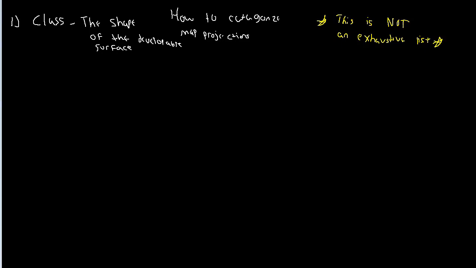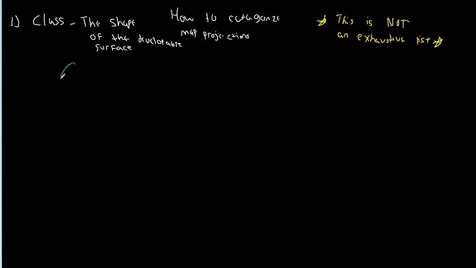And I want you to think about all the different ways that we could bend that poster board so that it touches the reference globe. So there are all kinds of options, and what I want to do is talk about the three most common that we call the classes of developable surface.